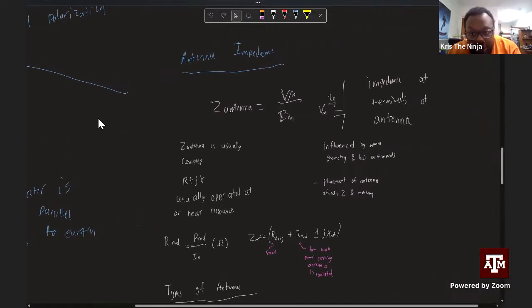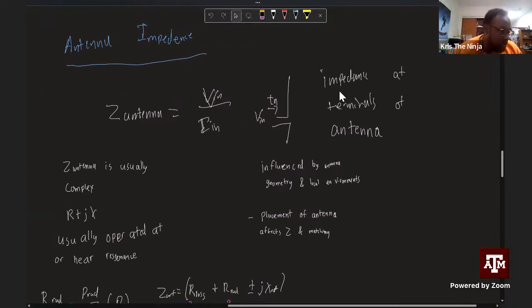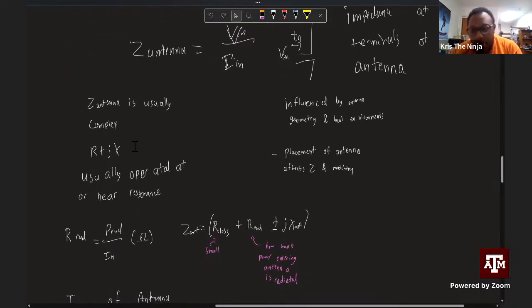But if we're looking at antenna impedance, the impedance at the terminals of the antenna, that's the Z impedance. You take the V_in and I_in, and that tells you the impedance of the antenna. So Z antenna is usually complex. Remember 2 or 3 days ago when I was telling you there are imaginary numbers and you can't add complex numbers and all that?